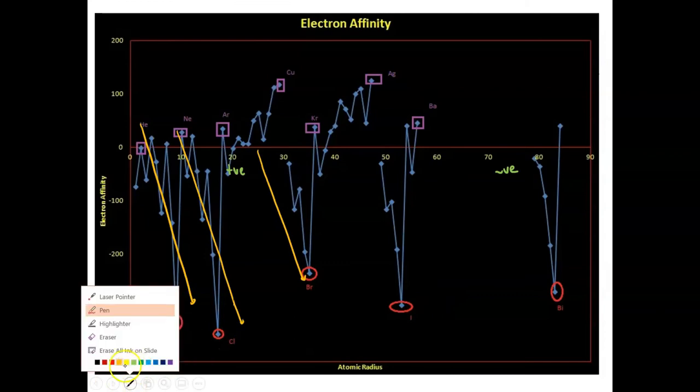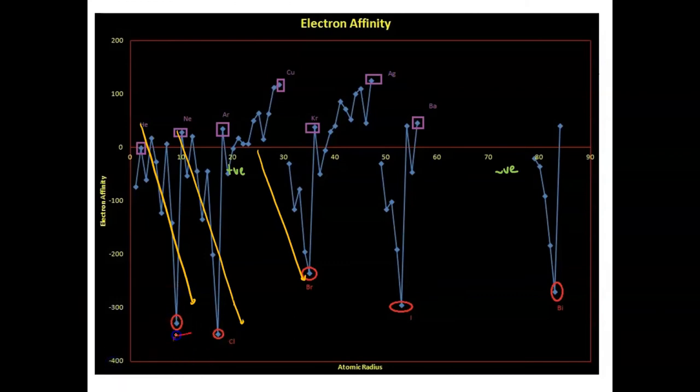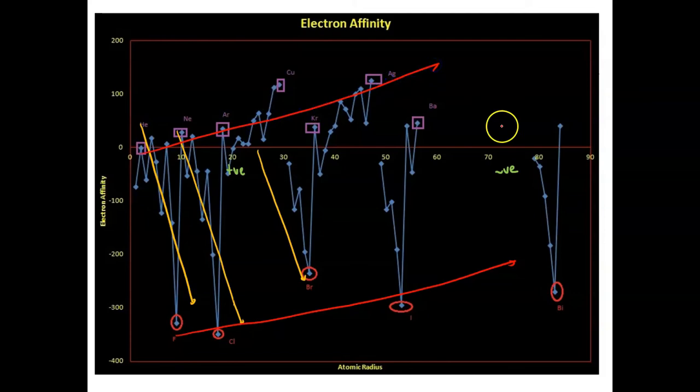The other thing we can see is if we go down a group in general, that we give off less energy, or I require more energy.